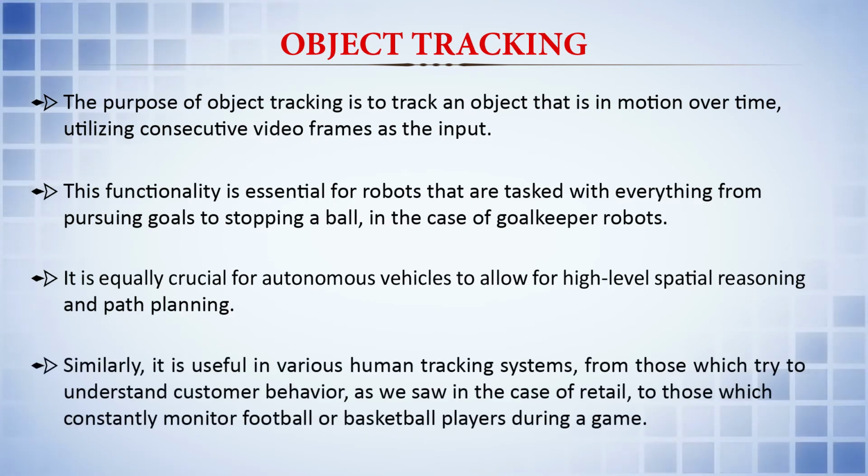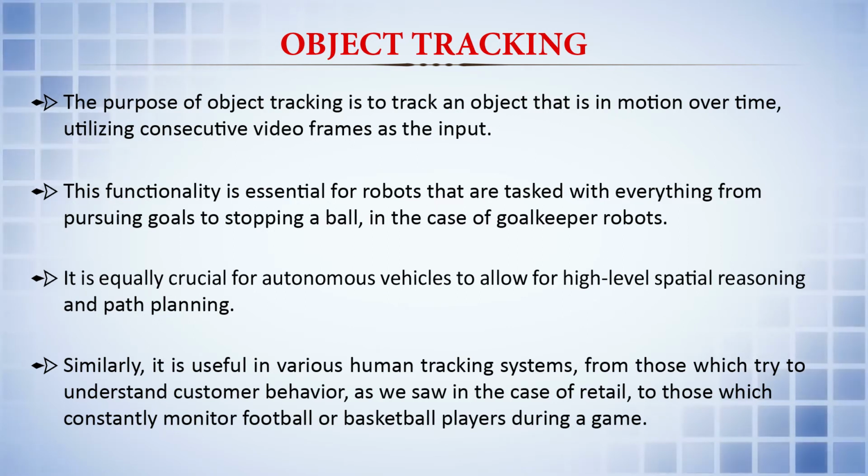Similarly, it is useful in various human tracking systems, from those which try to understand customer behavior, which we will see in detail in the next session as a case study, and as we saw in the case of retail, to those which constantly monitor football or basketball players during a game. So, it is capturing the whole movement of the object.